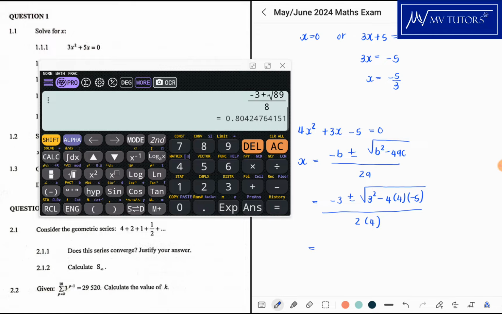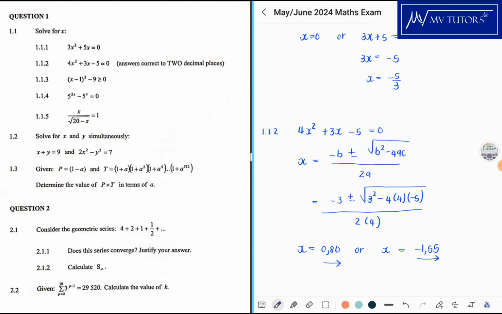My goodness. So we have x is equal to 0.80, or x is equal to negative 1.55. Okay, they said to 2 decimal places, so that's where we're going to leave it.